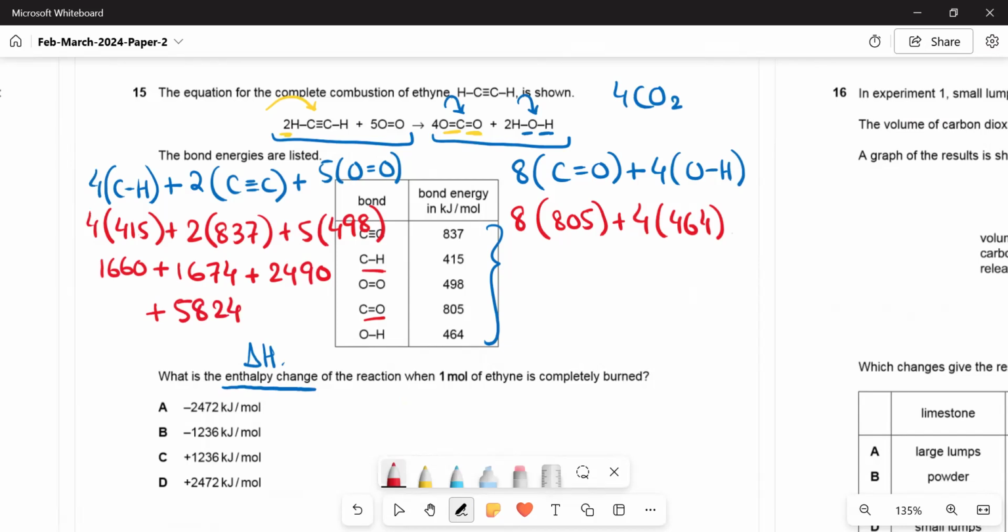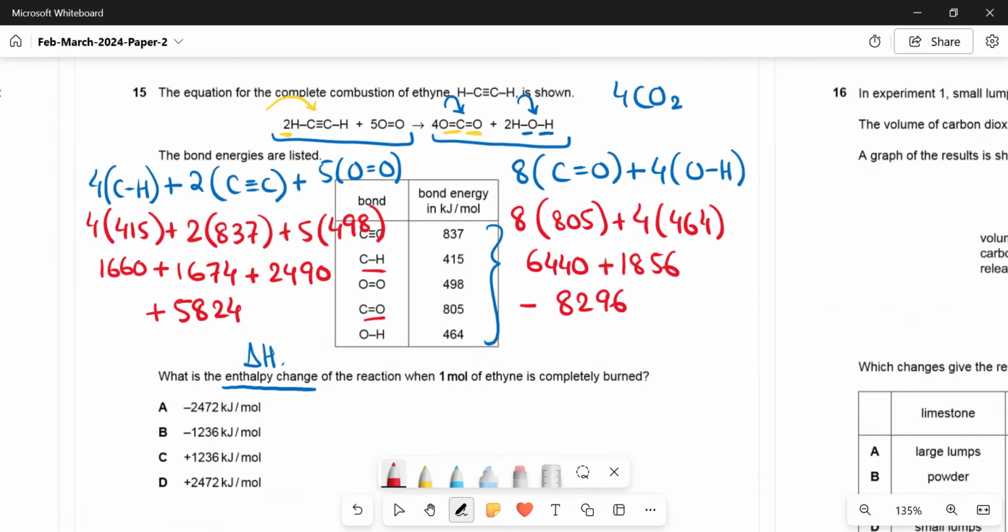It's 8 multiplied by 805. It gives us 6440, plus 4 multiplied by 464, which gives us 1856. Add them together and the answer is 8296.